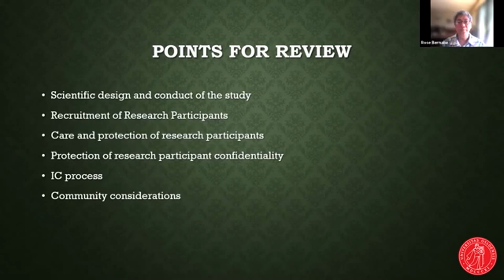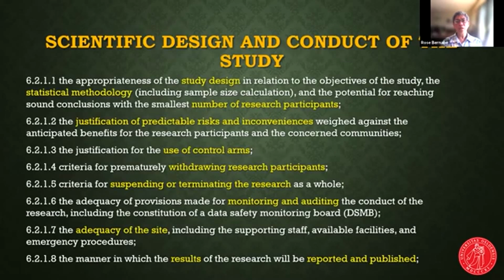Let's go through each point then. So the point of scientific design and conduct of the study. So remember that these are points that ethics committees need to evaluate, not only put a check mark on. Right. So one common misunderstanding when it comes to the task of research ethics committees is that the task is simply going through a checklist.